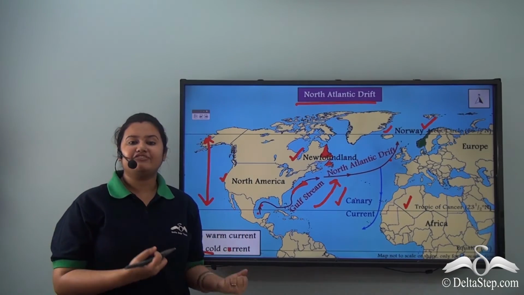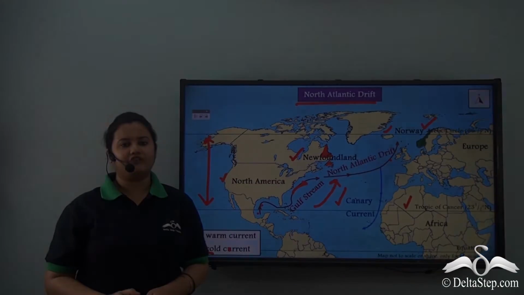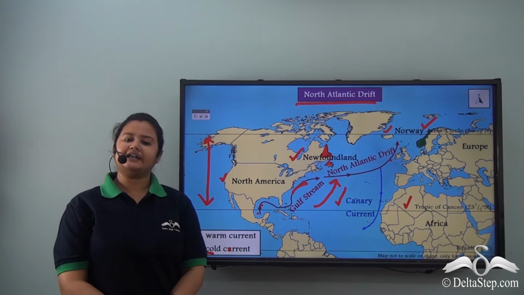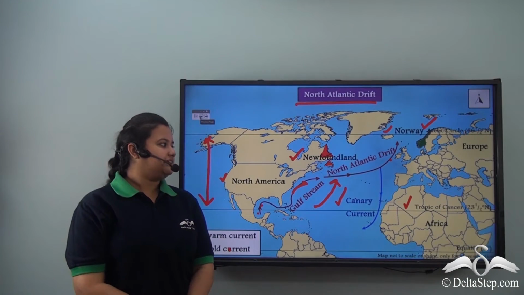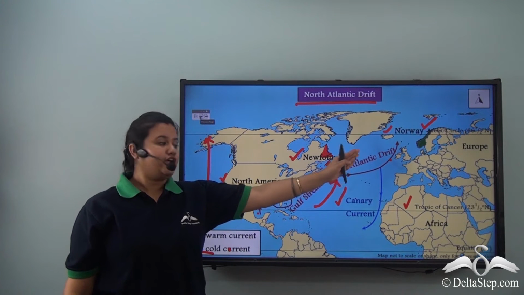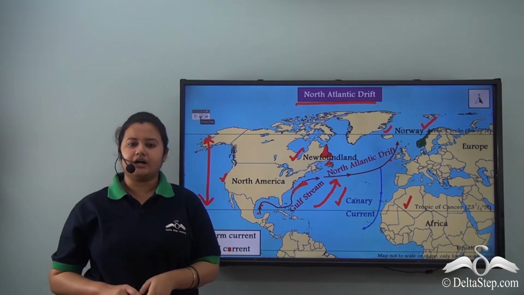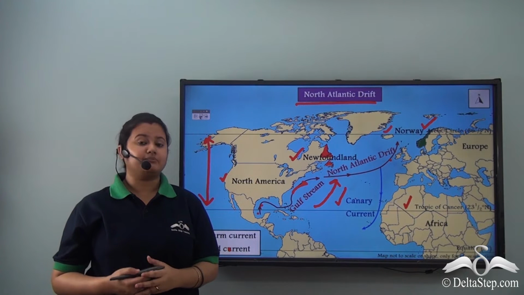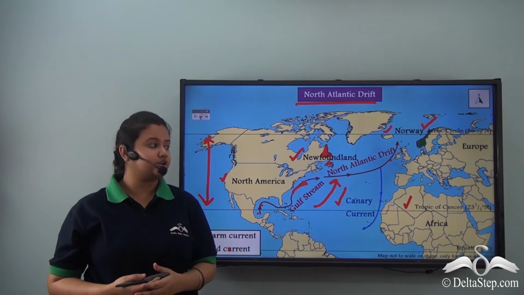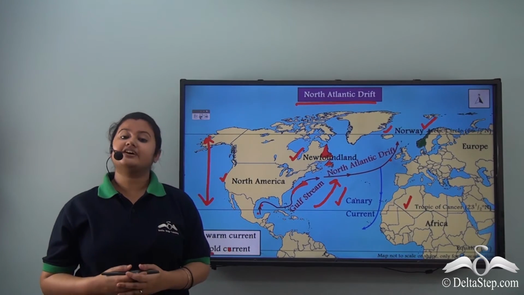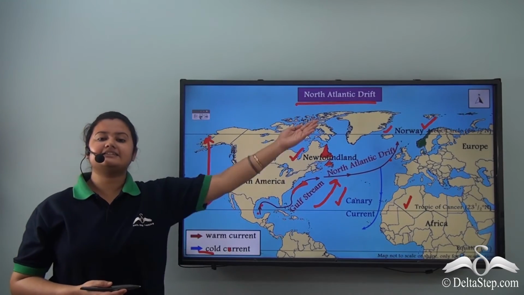The North Atlantic Drift has a very significant influence on the country of Norway. Now we will study about that influence. Here you see that the North Atlantic Drift flows southwards as a cold current. But this is very surprising because North Atlantic Drift is a warm current. Then why does it give birth to a cold current, which is the Canary Current? Well, see that this is the temperate zone.